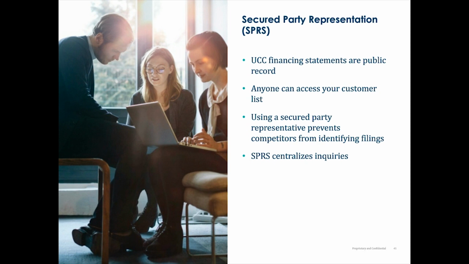That means anybody can access your customer list just by doing a simple search, because it's a public index. Anybody can do a search on your name as a secured party and find that information out. So by using secured party representation, we'll actually prevent competitors from identifying filings, because we'll be the representative of the secured party on the filing.